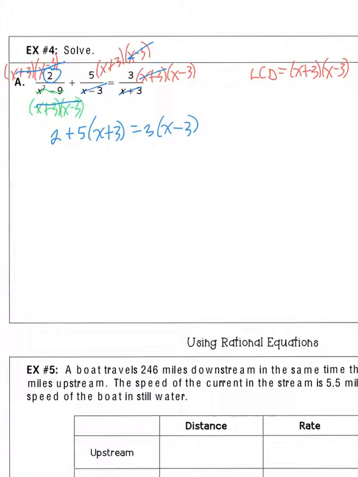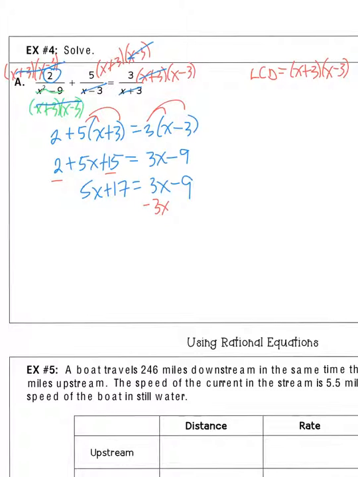Then distribute. So you end up with 2 plus 5x plus 15 equals, distribute, 3x minus 9. Collect like terms. You get 5x plus 17 equals 3x minus 9.